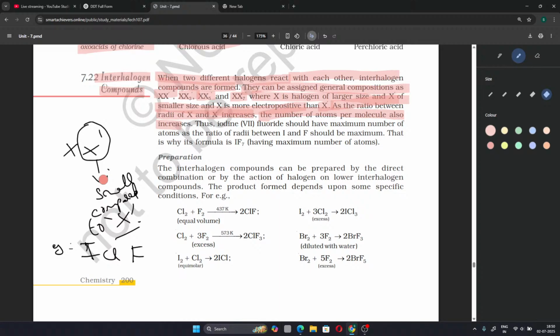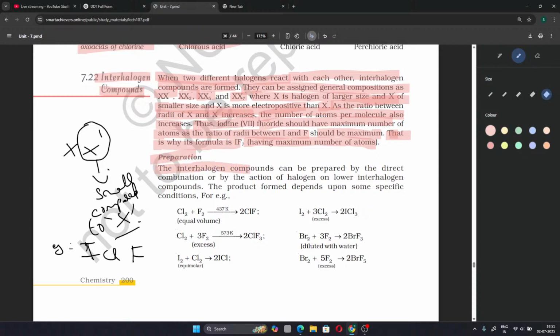If they are of similar size, the larger atom can accept fewer atoms. Thus, iodine heptafluoride should have the maximum number of atoms, as the ratio of radii between I and F is maximum, and iodine has the highest electropositivity, or the least electronegativity. That is why its formula is IF7, with the maximum number of 7 fluorine atoms.